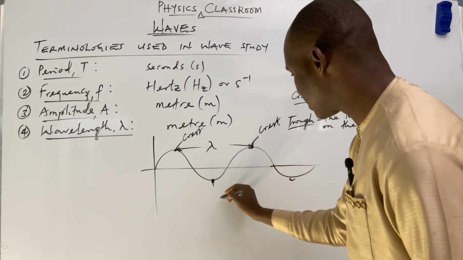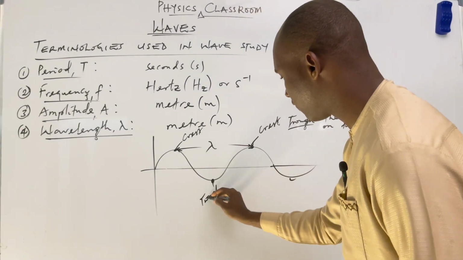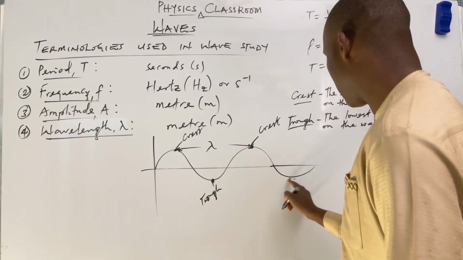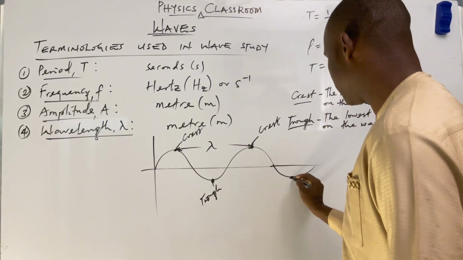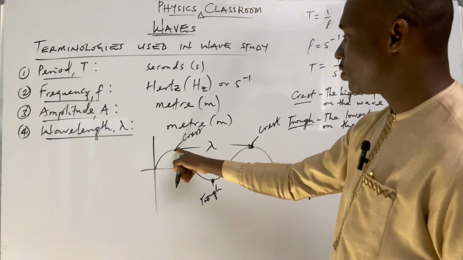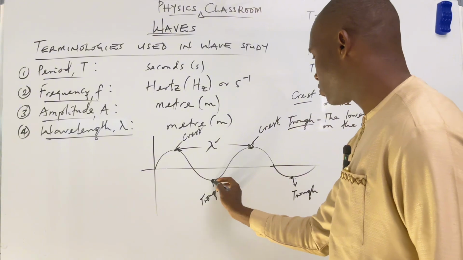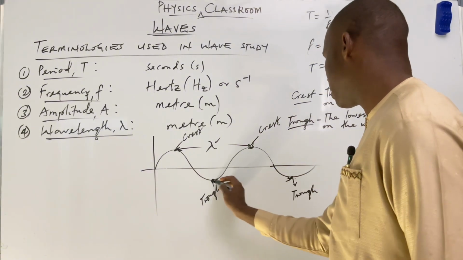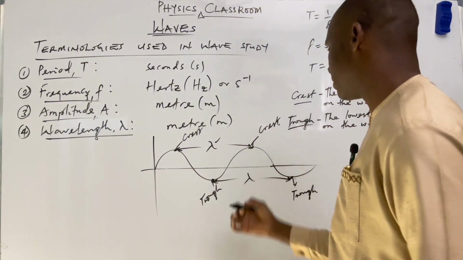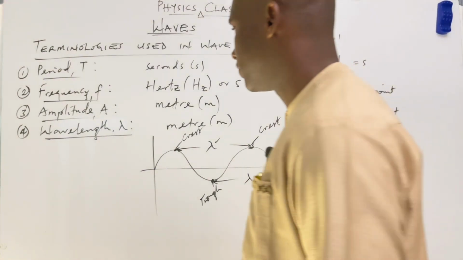This lower part is the lowest point, the trough. Likewise, this is also a trough. So the distance between two successive crests is equal to lambda. The distance between two successive troughs as well is lambda. So please, let's take note of this.